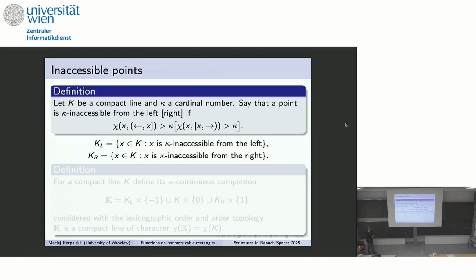So we take a compact line and some cardinal kappa. We have a compact line, and we want to define points that are kappa inaccessible. So these are points of character at least kappa. We say a point is inaccessible from the left if we cannot access it using a set of cardinality at most kappa, because then this set will have to stabilize at some point.